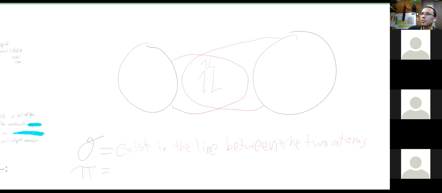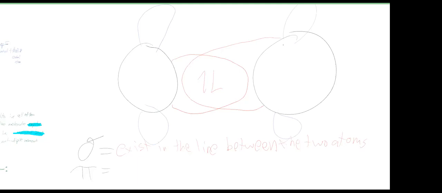No, right? We can't put any more electrons in there because electrons don't like each other. There's repulsion between them because they're both negative. So instead, we're going to take this overlap that's above and below our other atom. Let me try to make this a better drawing.